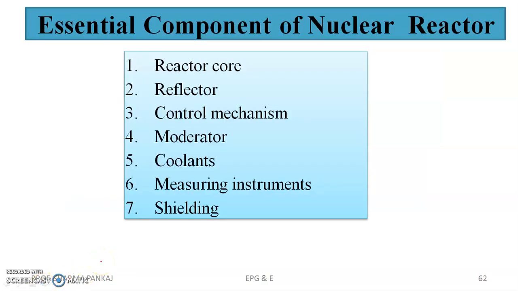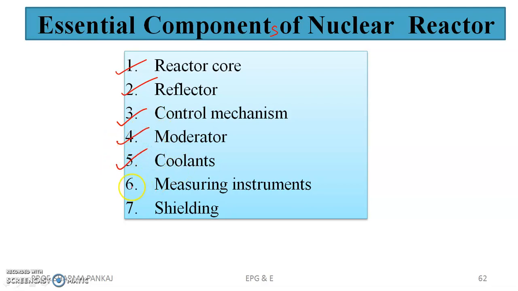Now, let us see the essential components of a nuclear reactor. What are those essential components? The first one is, of course, the nuclear reactor core. The second one is the reflector. Third is the control mechanism. Fourth is the moderator.